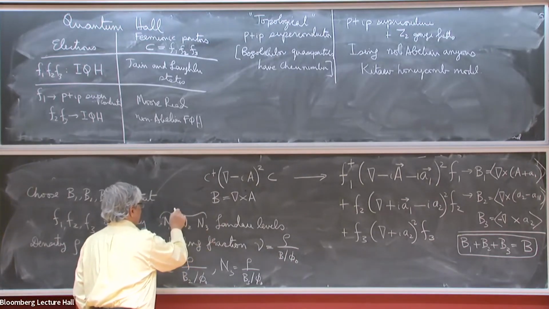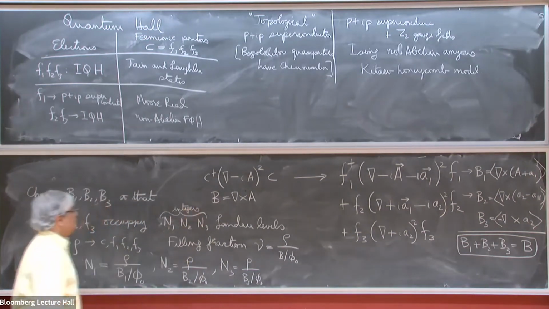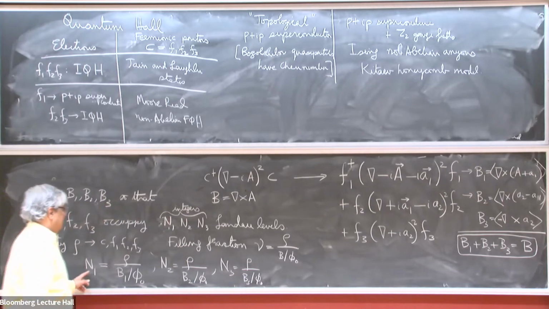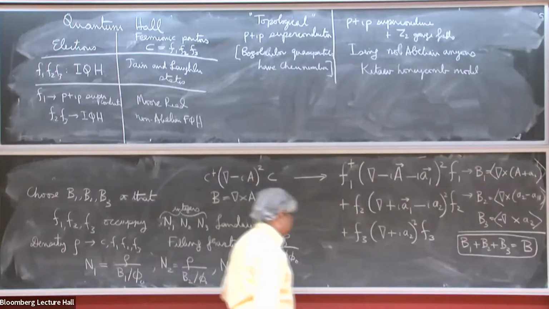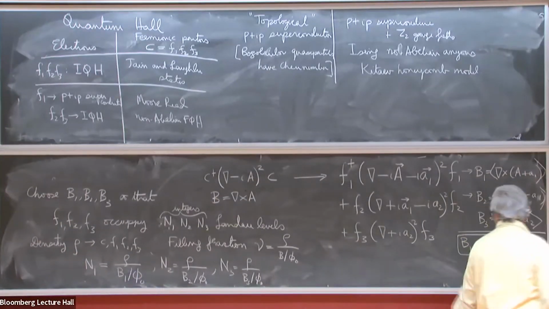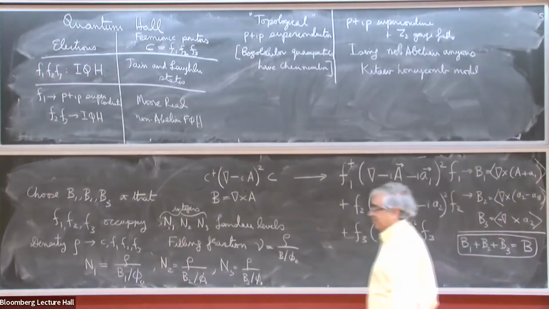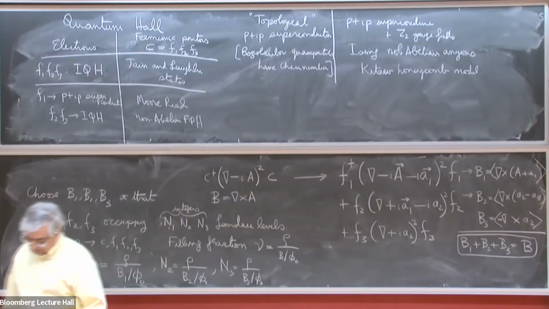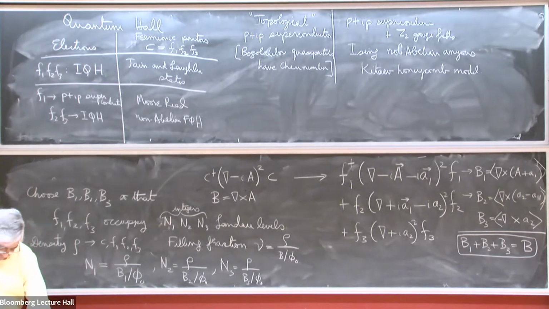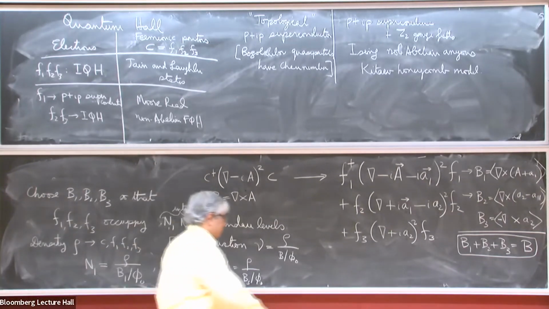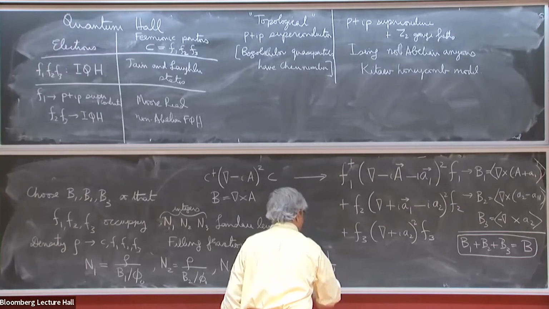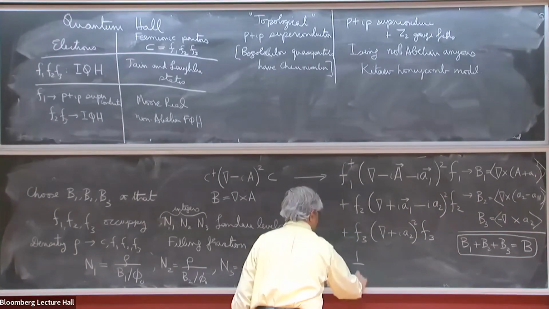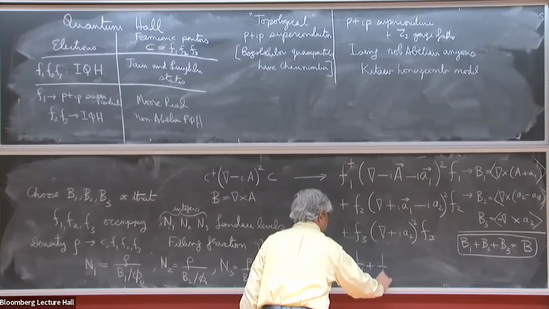They can be even or odd. And you have all these relations between N1, N2, N3, B1, B2, B3, and this one. And you put it all together and you get the global relation, which is like here, 1 over nu, the filling fraction is 1 over N1, that's 1 over N2.